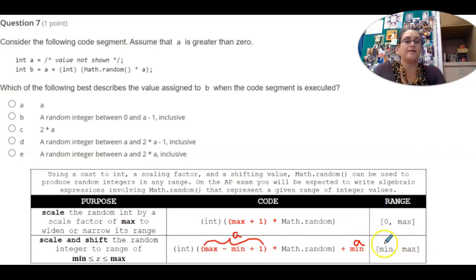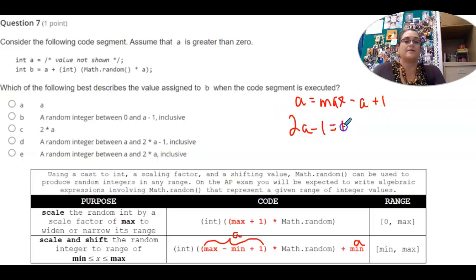So to find the range of values, I'm going to solve this equation where A is equal to the max minus the min plus 1, and my min we said is A. So to solve for max, I'm going to add A to both sides and subtract 1.